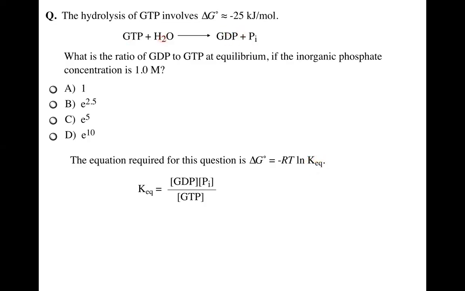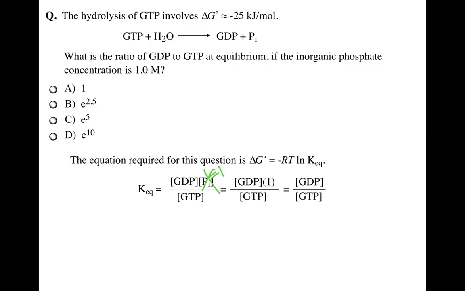It's products over reactants, ignoring water. And they tell me that inorganic phosphate is 1 molar, so phosphate is going to cancel because that equals 1. So therefore, it's just the diphosphate over the triphosphate.